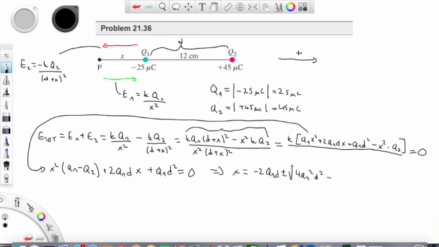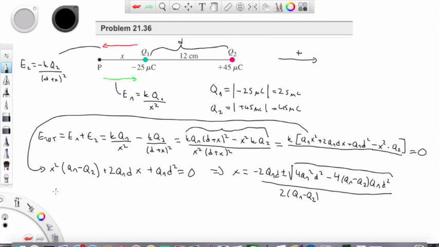A is here, c is here, so minus 4 times (q1 minus q2) times q1 d squared. And the whole thing divided by 2 times a, which is 2 times (q1 minus q2).